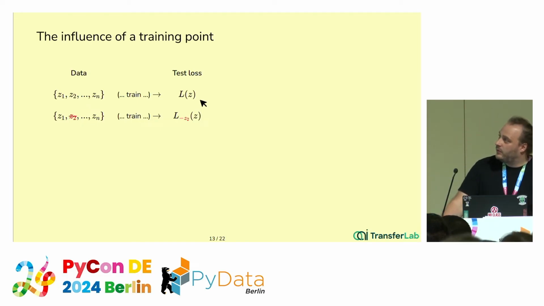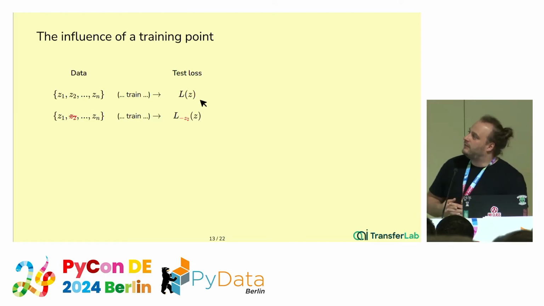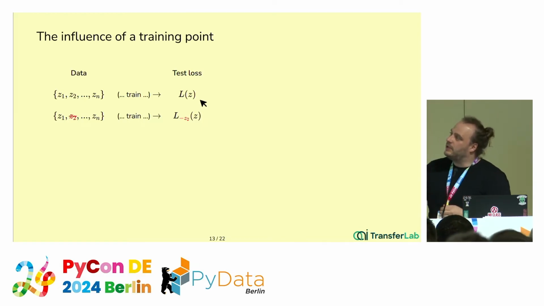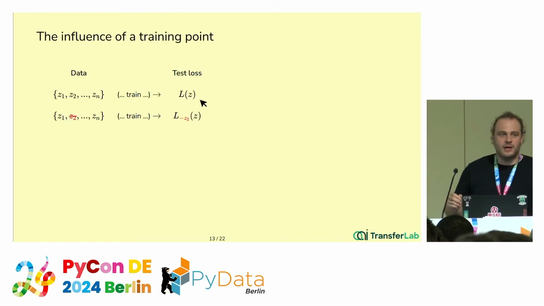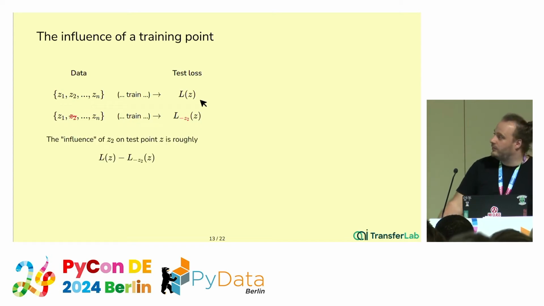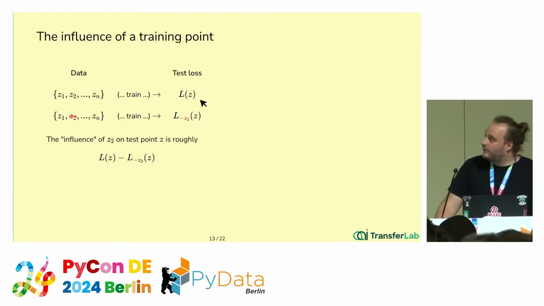So what would be a naive thing to ask? If I have data and I would like to delete one data point from training, how does the loss on a test point change, right? And then you can compare those 2 terms. Well, okay, but what's the problem?